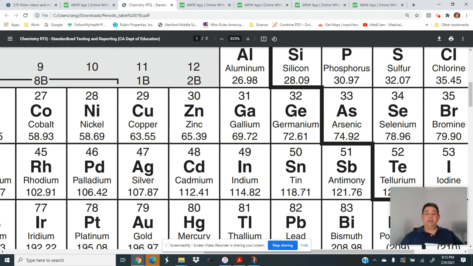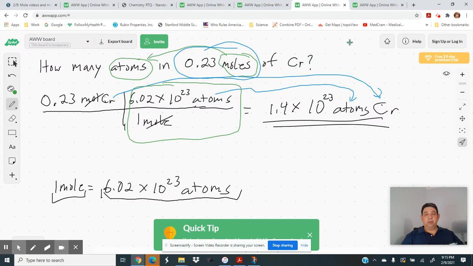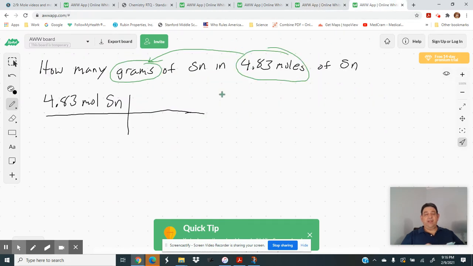Every mole of tin weighs 118.71 grams, if you want to think about it that way. So let's go ahead and write this down over here: 1 mole of tin equals 118.71 grams. Okay.